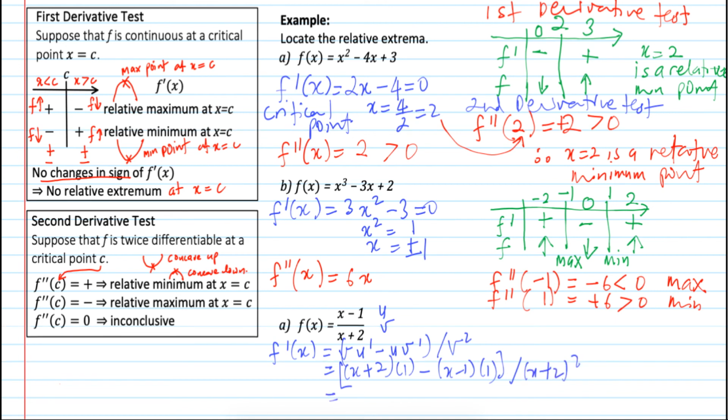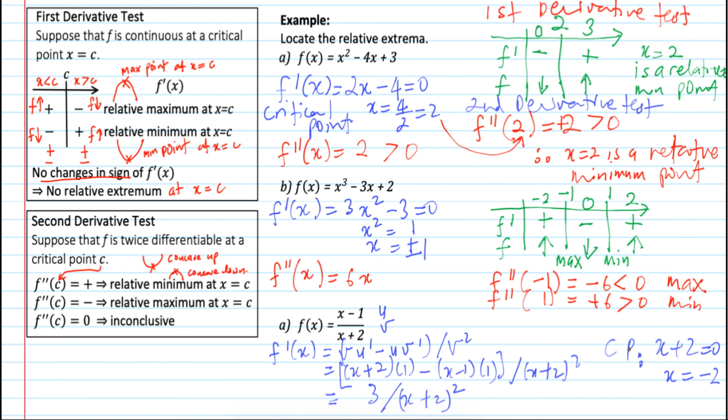So this one is equal to x plus 2 minus x plus 1, which is 3. 3 over x plus 2 squared. You cannot find a value x so that f prime x equal to 0. But the critical point is when f prime does not exist. So x plus 2 equal to 0, x equal to minus 2.